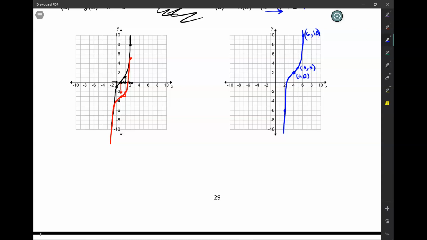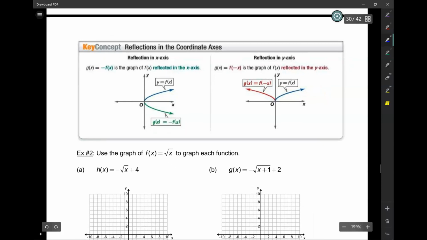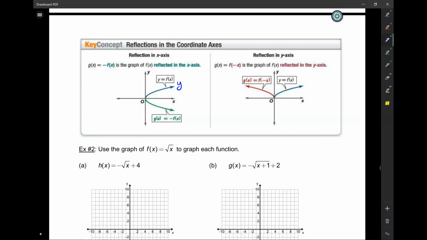Okay, so how about reflections? All right, so a reflection, right, if this is y equals root x, a reflection in the y-axis or in the x-axis happens with a negative in front.